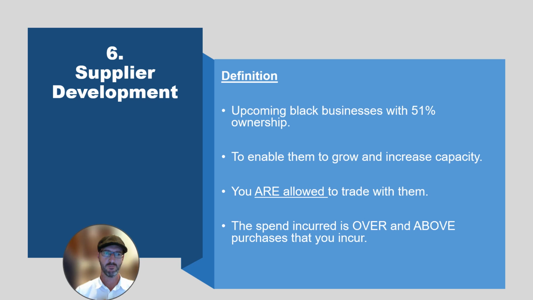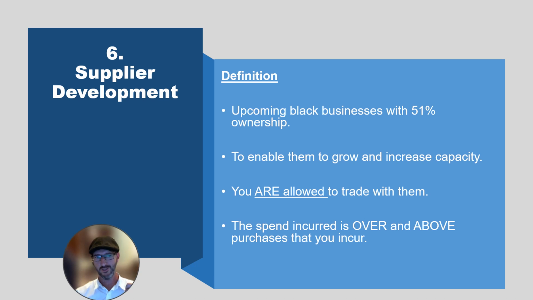And then a very important thing is that whatever you spend on supplier development is over and above the procurement, the purchases that you do with this supplier during a year. So if I have a supplier, they're 51% black owned, and I already buy from them to the tune of 100,000 Rand a year.